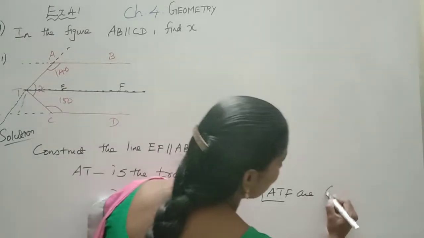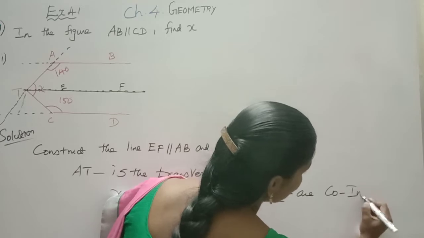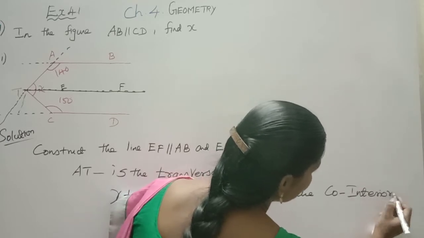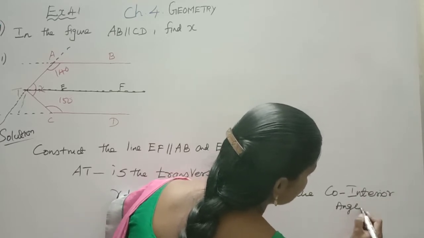Interior angles, that is, co-interior angles, consecutive angles. Therefore, the sum will be equal to 180 degrees.